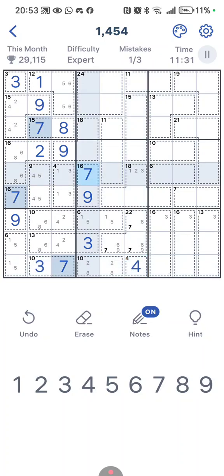No. 7. Yeah, I know I've only got 11% battery, damn it. 7.